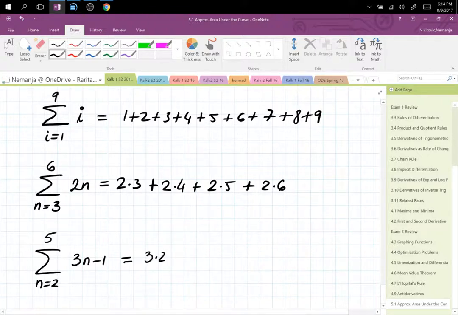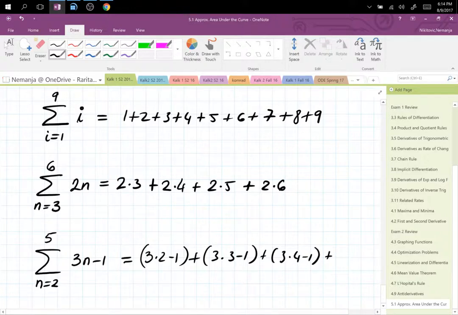So 3 times 2 minus 1, plus 3 times 3 minus 1, plus 3 times 4 minus 1, plus 3 times 5 minus 1. If you want to compute this, 6 minus 1 is 5, plus 9 minus 1 is 8, plus 12 minus 1 is 11, plus 15 minus 1 is 14, and when you add all of these, we have 38.